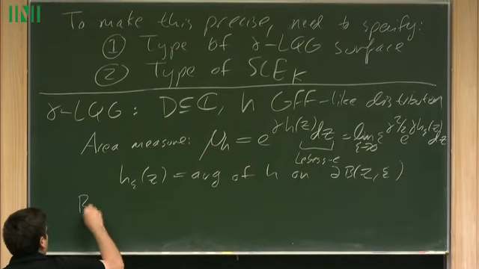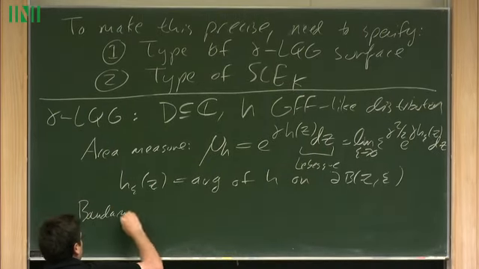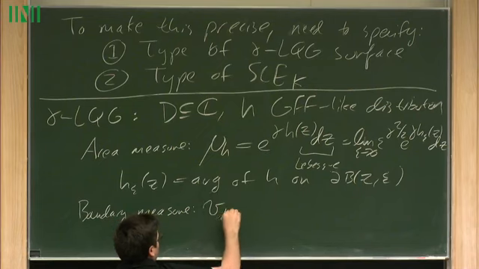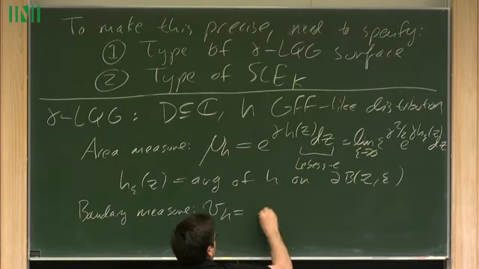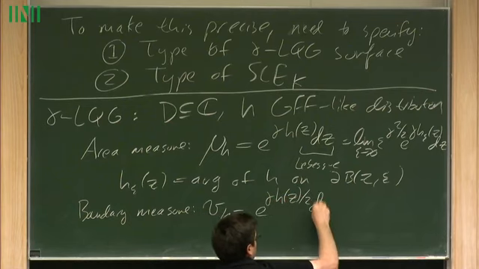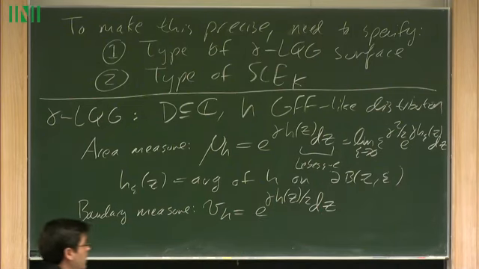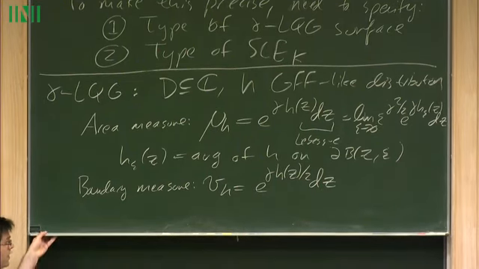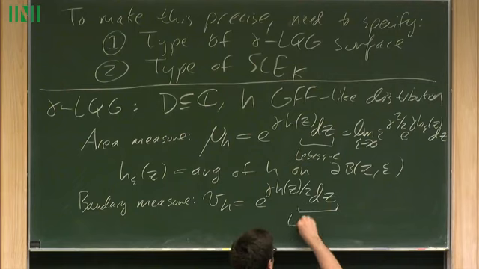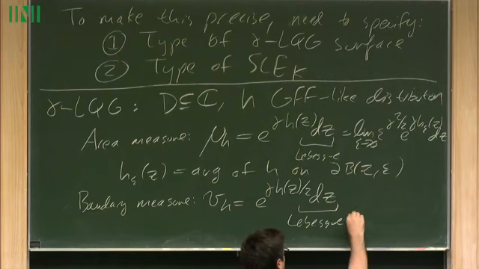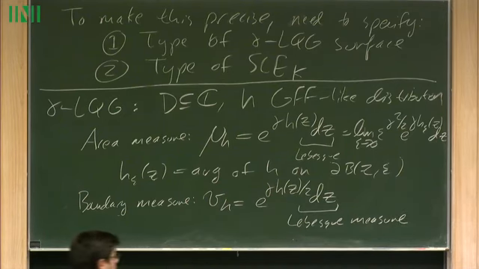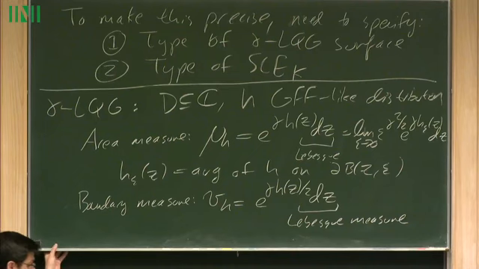And you also have a boundary length measure. The boundary measure is what you get when you take, again, Lebesgue measure, but now on a line rather than in the plane. The Radon-Nikodym derivative here is going to be e to the gamma h of z divided by 2. Okay, but on something like a line segment rather than in the bulk of your domain.